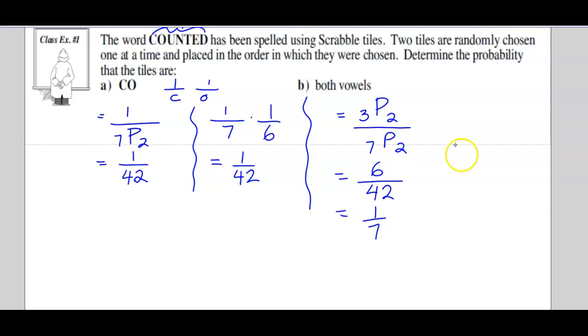Or you could say, okay, we have 3 vowels. We want the first vowel, so it's 1 out of 3. Then we want another vowel out of the remaining 2. No, what did I just do? We want both vowels. So 1, 2, 3.